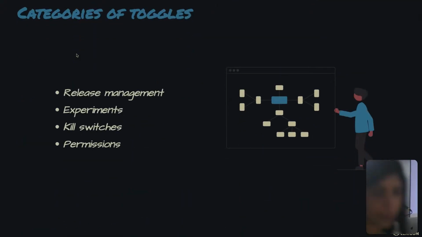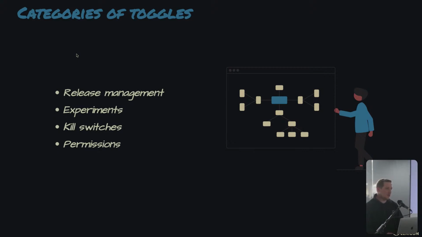All right, so firstly, there's a couple of different categories of feature toggles, there's 4 of them. So the first one is release management. These toggles are used to help us roll features out to production safely and effectively. You can run experiments using feature toggles. This is more like an extension of release management toggles. And kill switches.